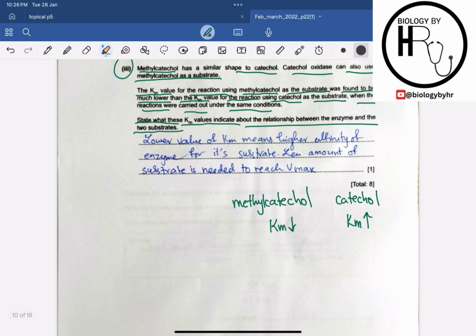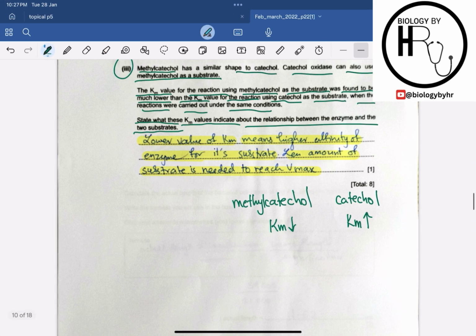So you have to learn this rule: if there is a lower value of Km, it means that the affinity of the enzyme for its substrate is much higher, which means less substrate will be needed to reach the Vmax, right?